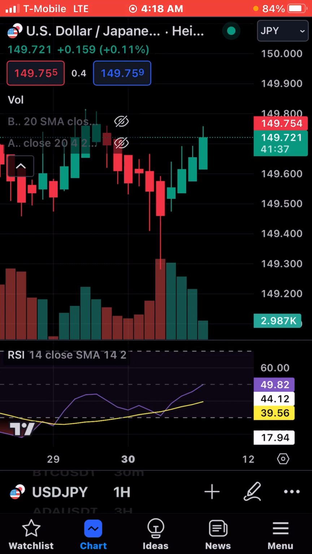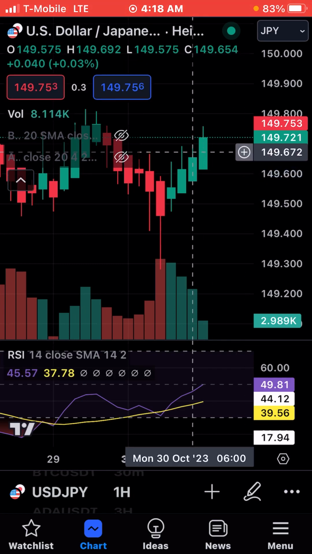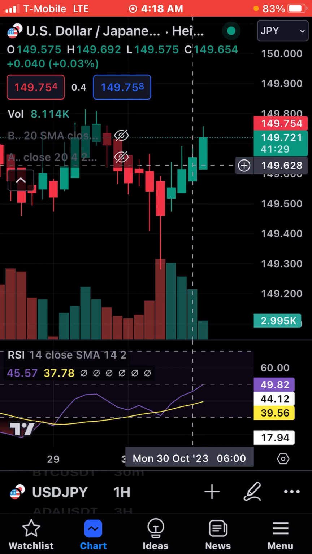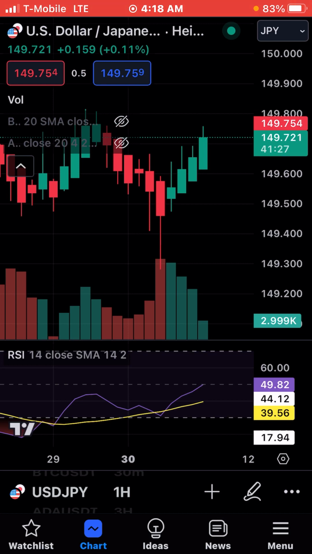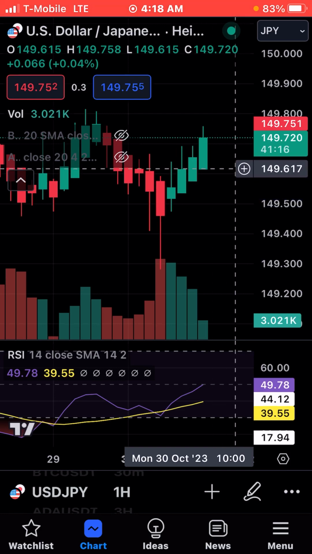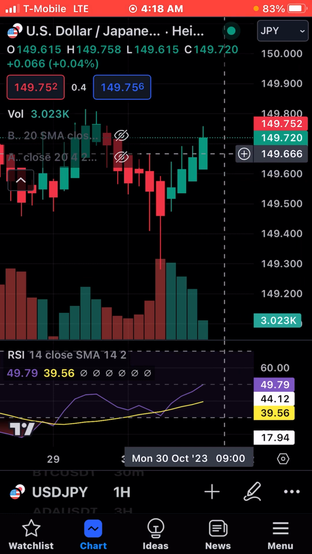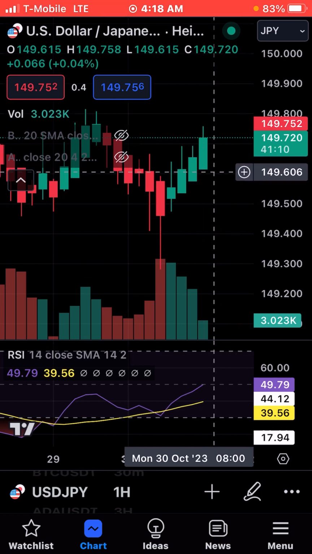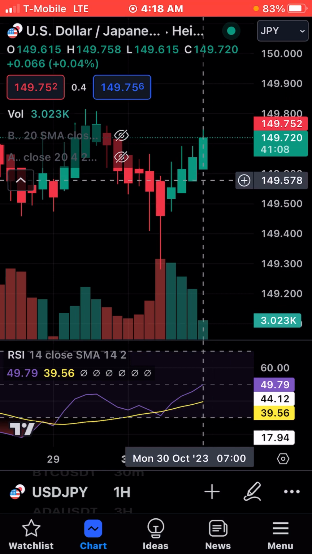Because this wick traveled farther than the previous wick, that tells me that it is a strong bullish trend going on here. So what I would do, at the start of the third candle coming out here, is put in a buy order, because I see signs of bullish right here with just these two candles.